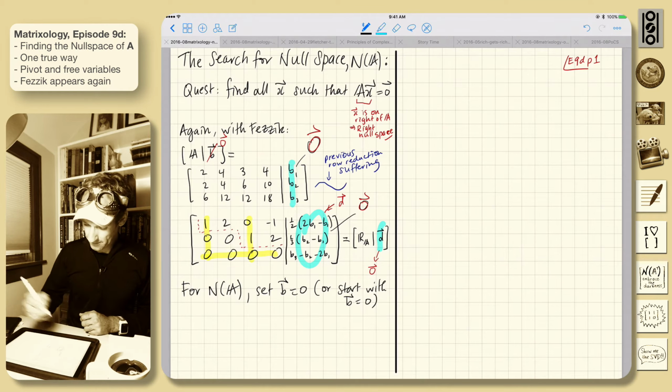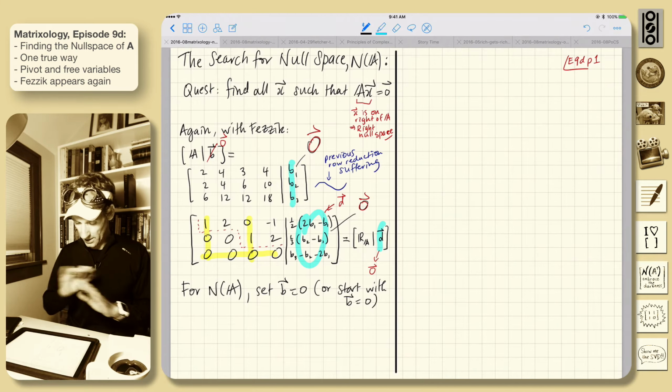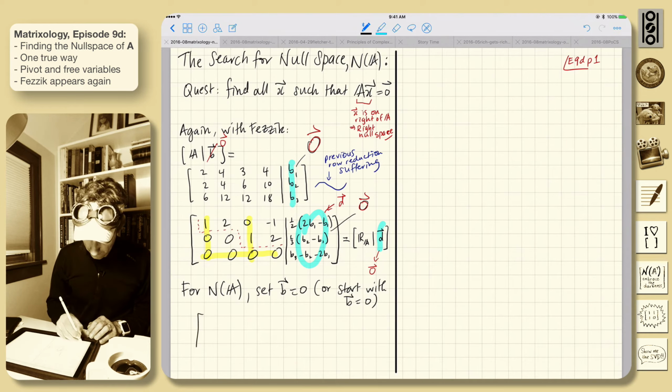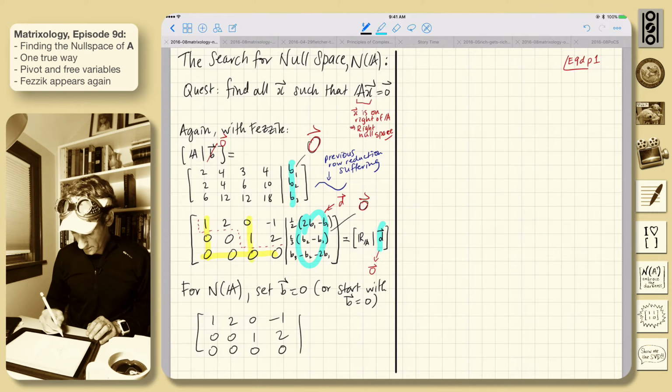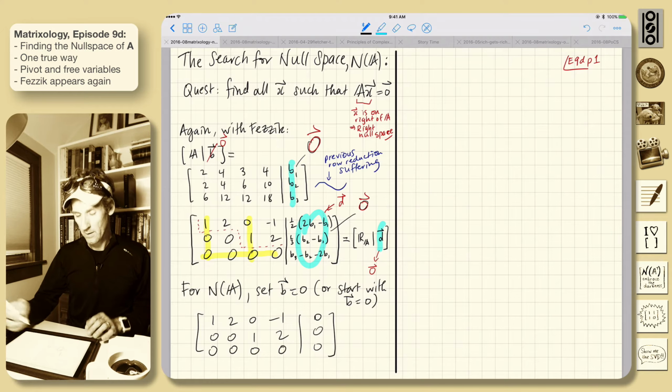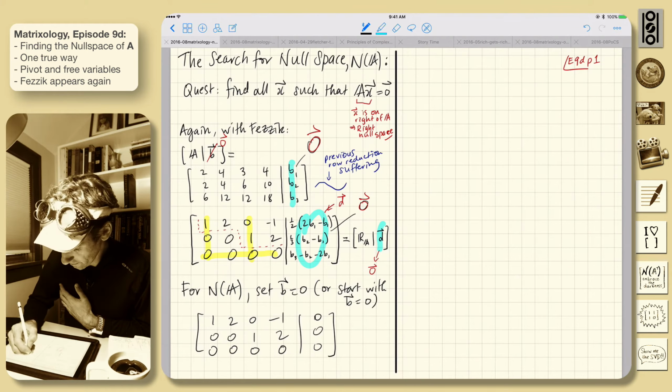This is what it looks like now in the augmented matrix form. It's very simple: the reduced row echelon form and then zeros.